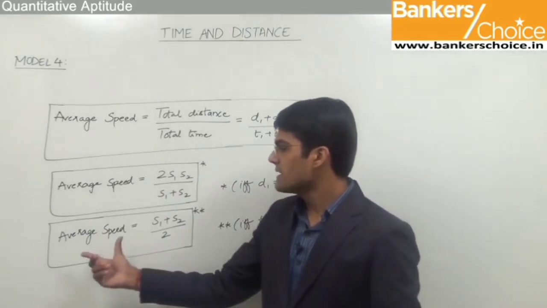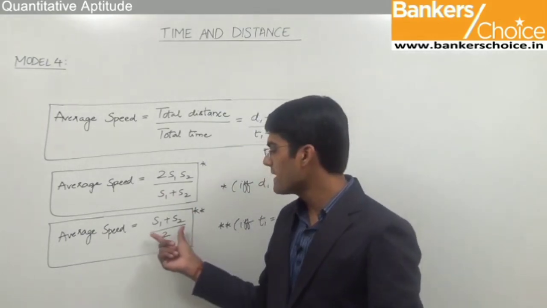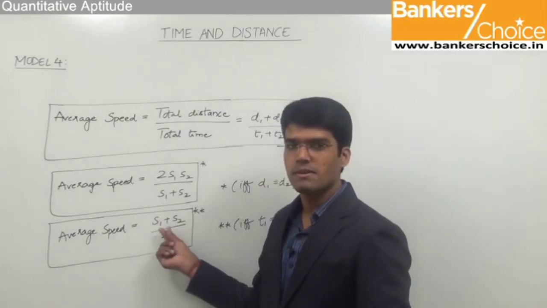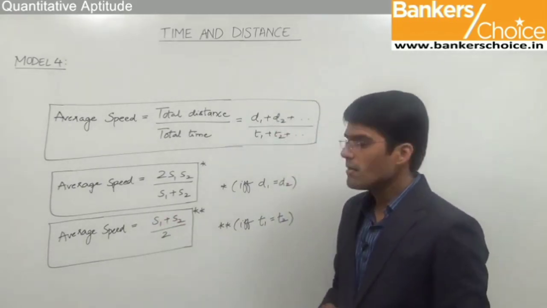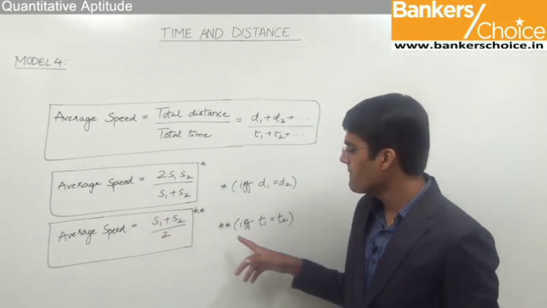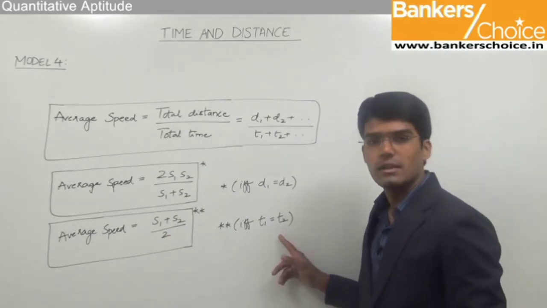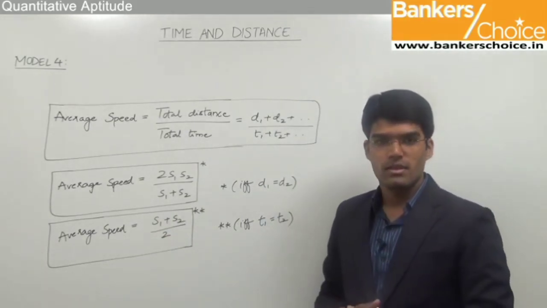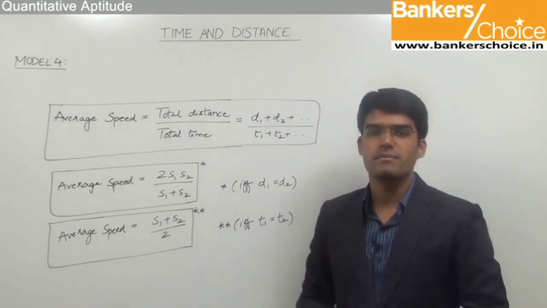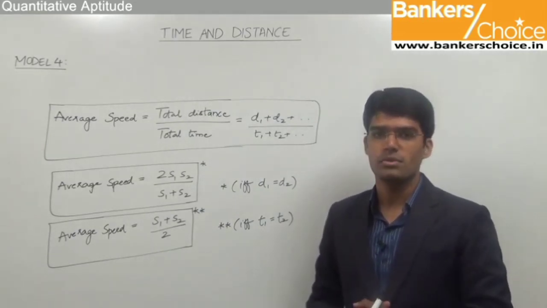Similarly, we have another special case where the average speed can be directly taken as the average of the speeds or s1 plus s2 by 2, where s1 and s2 again are the two given speeds. But this shortcut formula is applicable if and only if the times are equal. That is, the distance is covered in two equal time intervals. So friends, in general, the average speed can always be taken as total distance by total time.